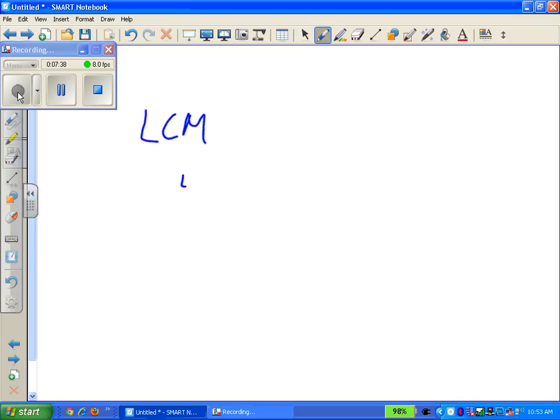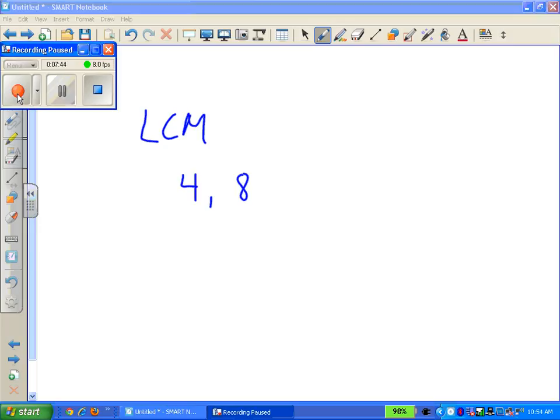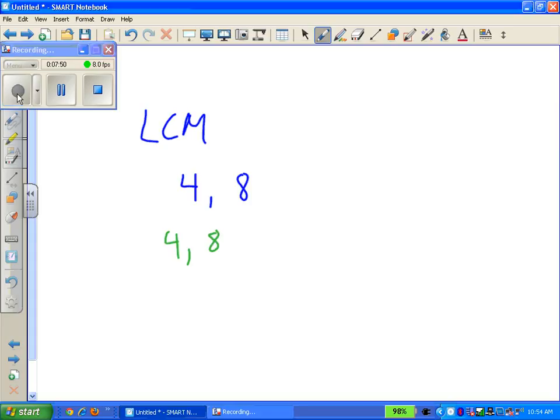So if I have a 4 and an 8, if I write the list for these two, I would go 4, 8, 12, 16. And if I'm going to list the multiples of 8, I could do 8, 16.